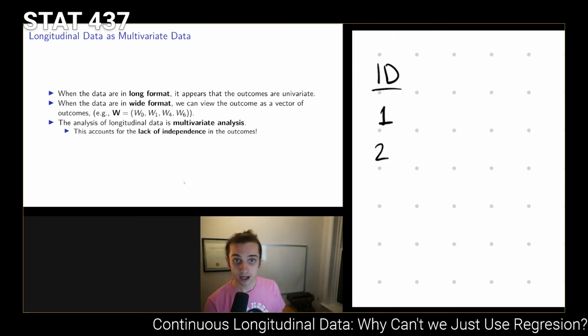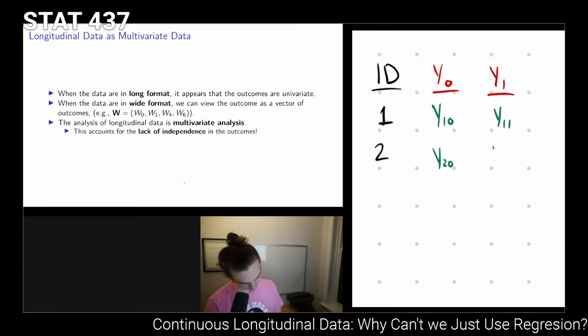We're going to have some outcome for them, and let's say that we measure it at time 0 and at time 1. So the most simple form of longitudinal data. Here we have individual 1 measured at time 0, individual 1 measured at time 1, individual 2 measured at time 0, individual 2 measured at time 1.